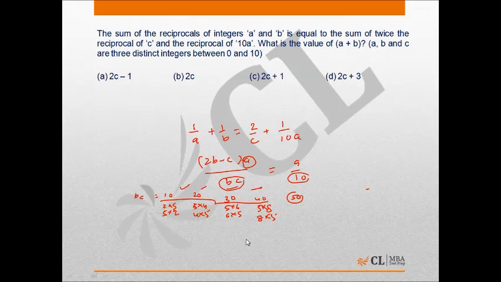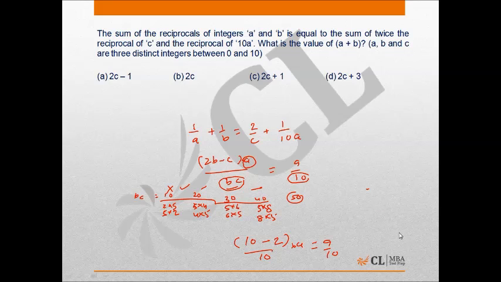So it is obvious b has to be 5 and c 2. So 10 minus 2 upon 10 into a equals 9 by 10. From here it is obvious that the value of a would not be an integer, so the value of bc cannot be 10.